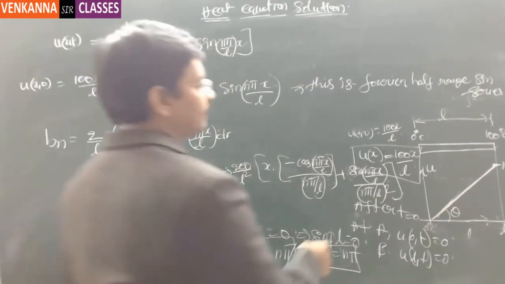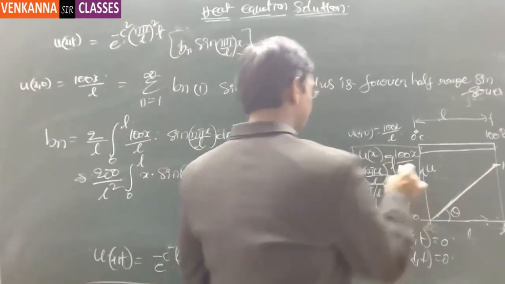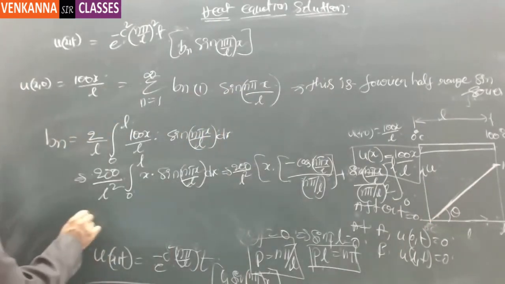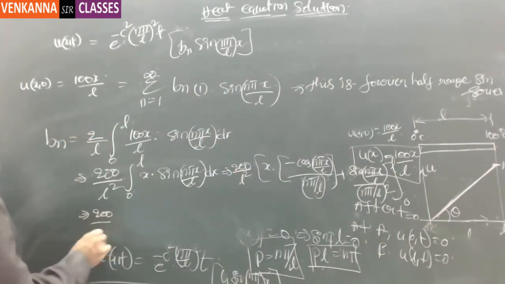Now substitute the upper limit as L and the lower limit as 0. Then this value is going to be 200 by L square.